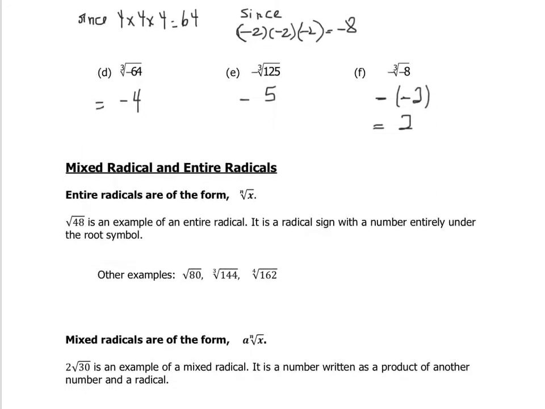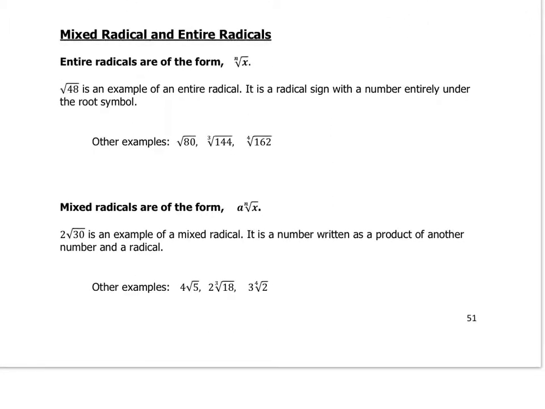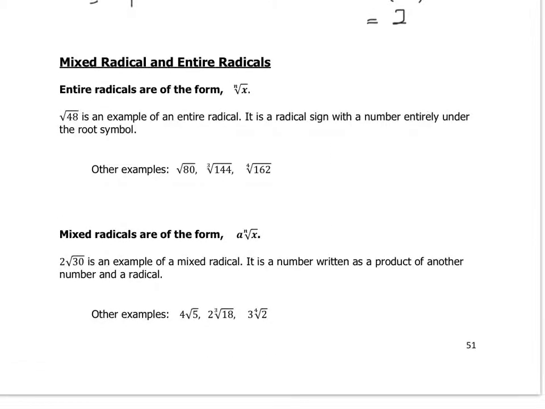All right, so the next topic is on mixed radicals and entire radicals. And again, this is a little bit of review of Math 1201. An entire radical would be basically everything is under the radical sign. There's nothing out in front of the radical. So root 48, root 80, cube root 144, and fourth root of 162 are all examples of entire radicals.